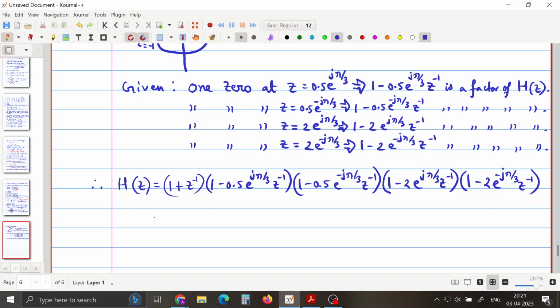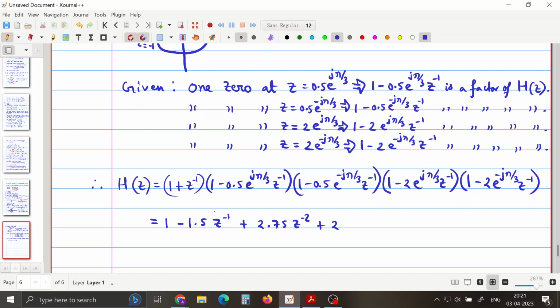Now if you just expand this, you will get 1 minus 1.5 z inverse plus 2.75 z to the power minus 2.